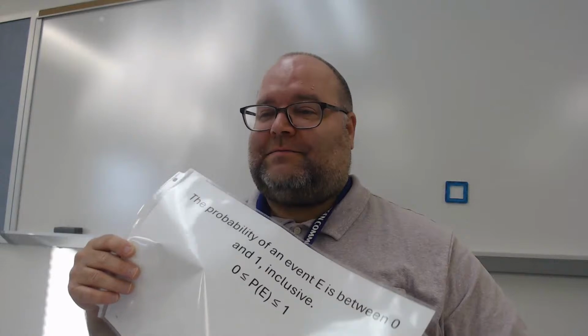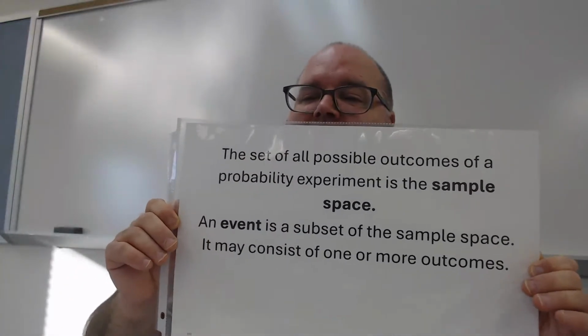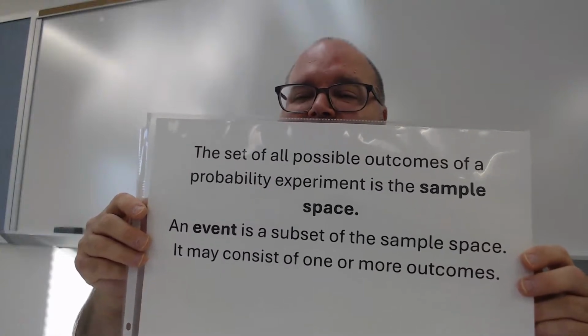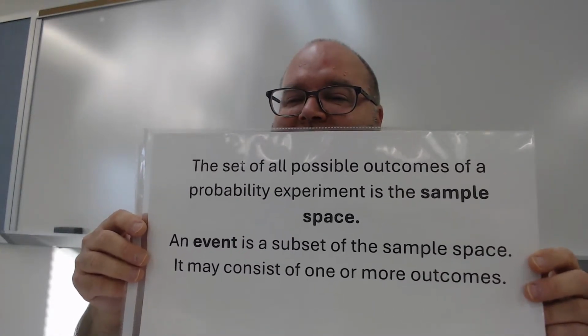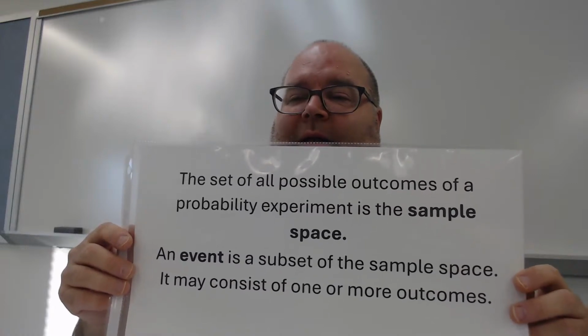But this brings up the question, so what is an event? Well, an event is a portion of our sample space. Okay, what's a sample space? A sample space is a set of all possible outcomes of a probability experiment.